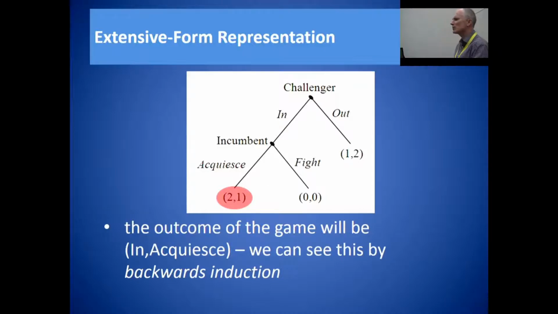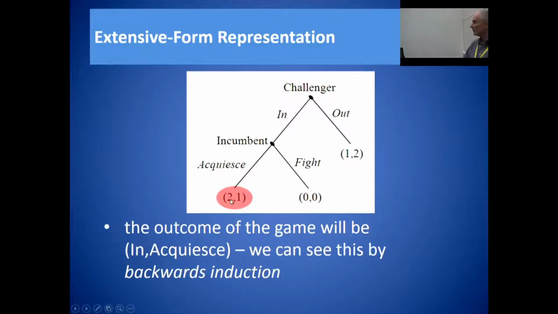And so the challenger would reason, if I enter the market, there's no way that the incumbent is going to turn around and fight. Knowing that, the challenger has the option: do I stay out of the market and receive a payoff of 1, or enter the market, knowing the incumbent won't fight, and receive a payoff of 2?